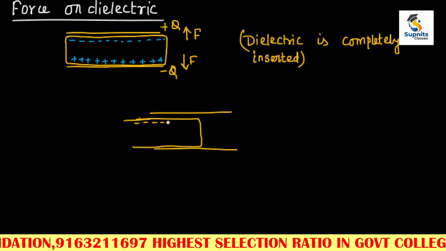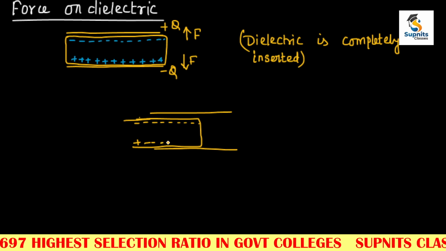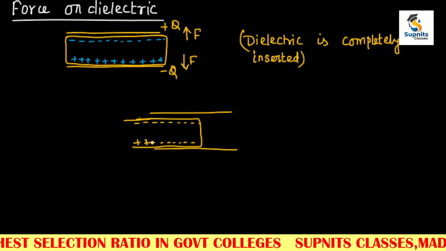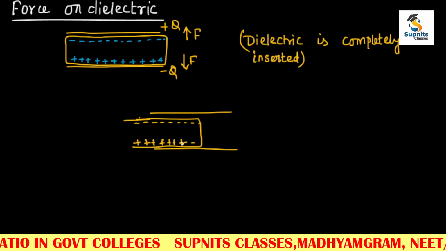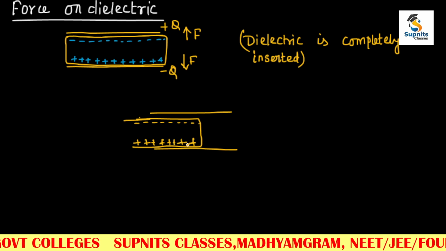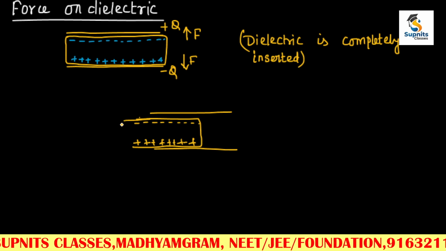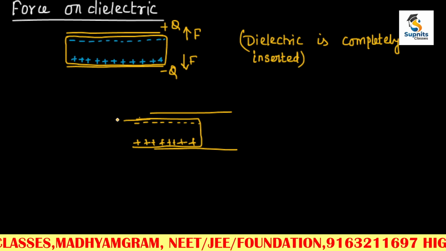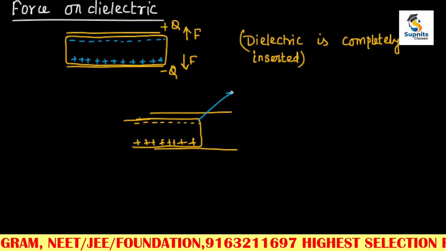Here there is negative charge and here there are positive charges. Okay, so now if you see, the force will not be exactly perpendicular to the dielectric surface. The force will be like this way.